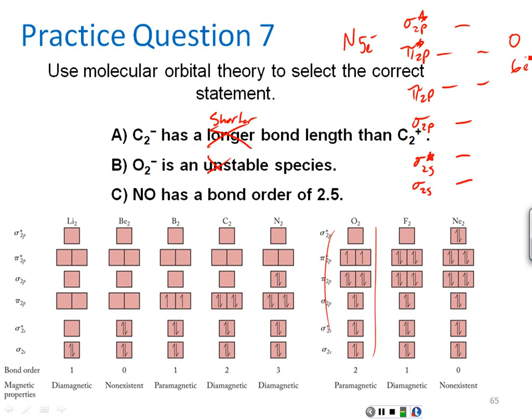So we're going to have a total of 11 electrons to fill. 1, 2, 3, 4, 5, 6, 7, 8, 9, 10, 11. Okay, so let's calculate the bond order for this.